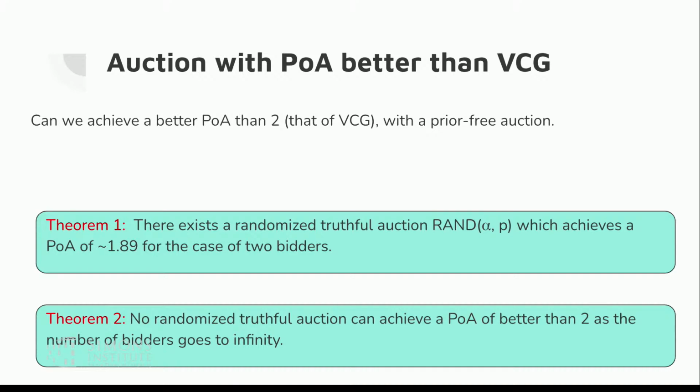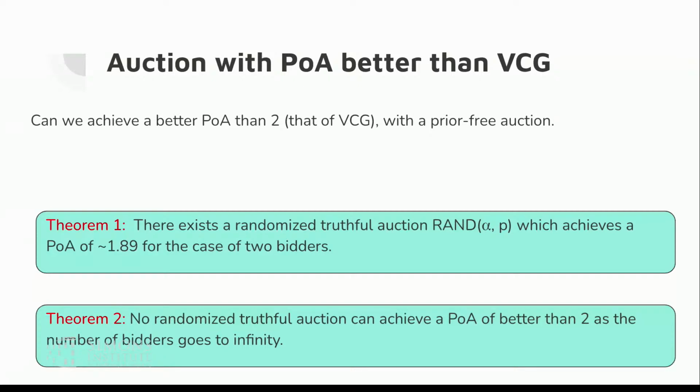So, in another paper, in WWW 22, we proved that there is a truthful randomized auction, we'll call it RAND, with 2 parameters alpha and P, which achieves a better price of Anarchy for the case of 2 bidders.